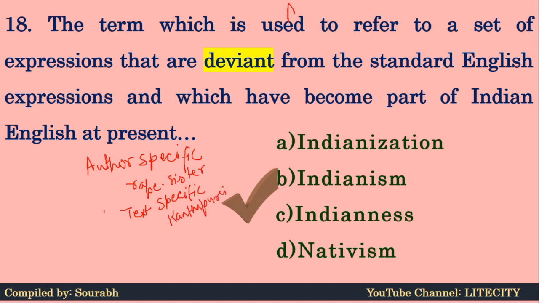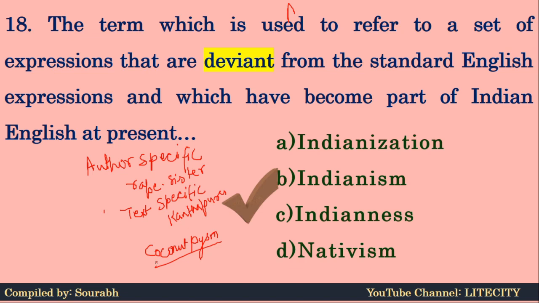Then register specific, for example, interdining. Once again, it is a phrase which is not to be found in standard English. And area specific, for example, in South we have coconut paisam. Paisam is a word which is only to be found in southern India.